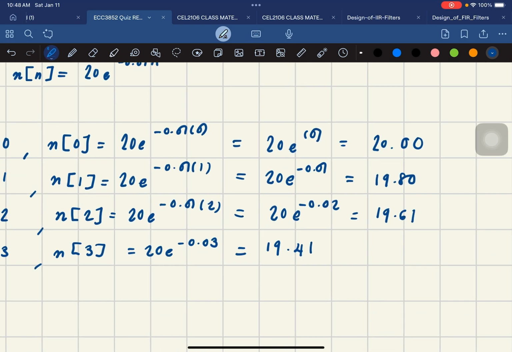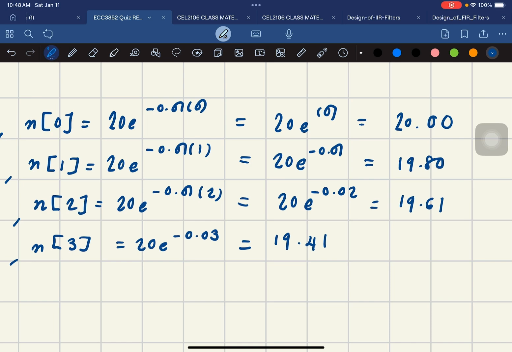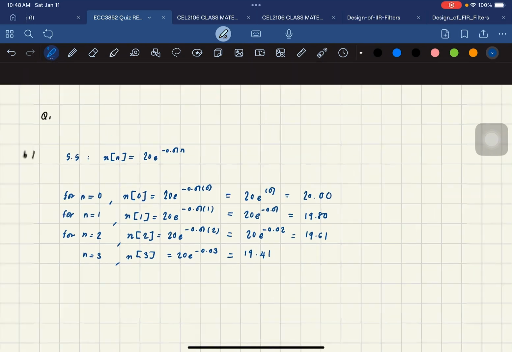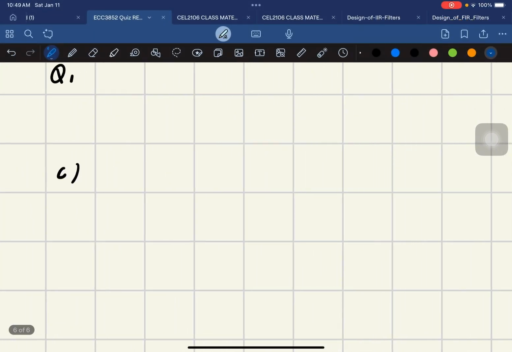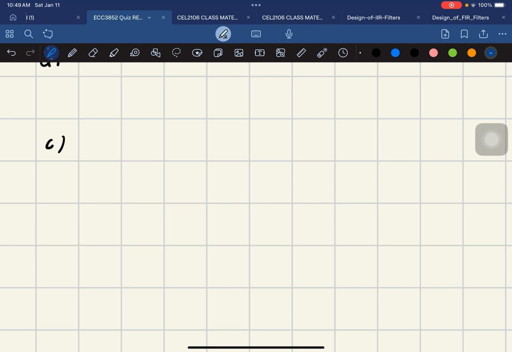So the final result is s[0] equal to 20, s[1] equal to 19.80, s[2] equal to 19.61, and s[3] equal to 19.41.